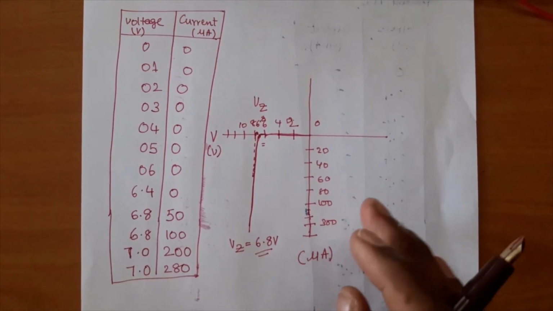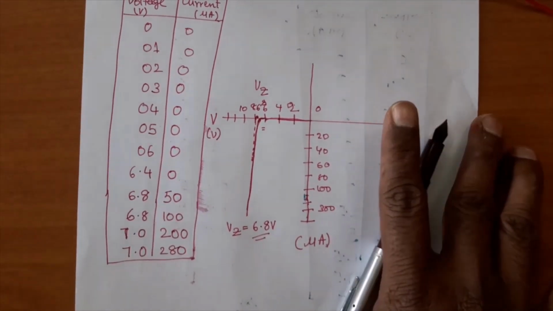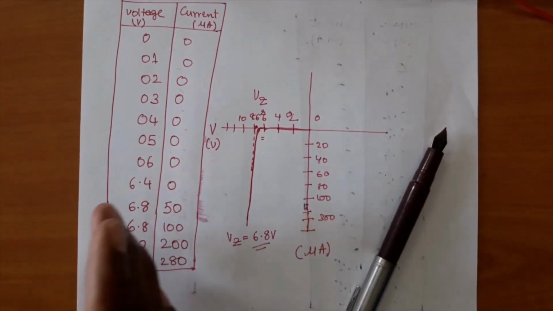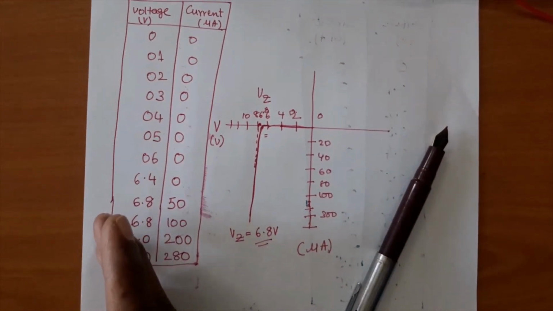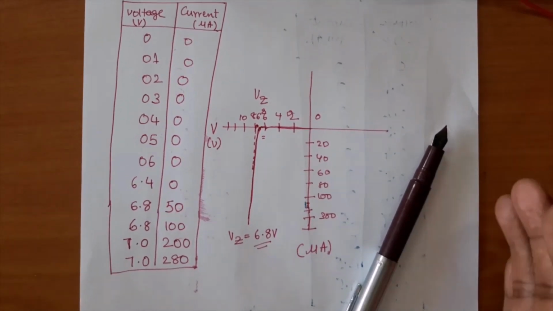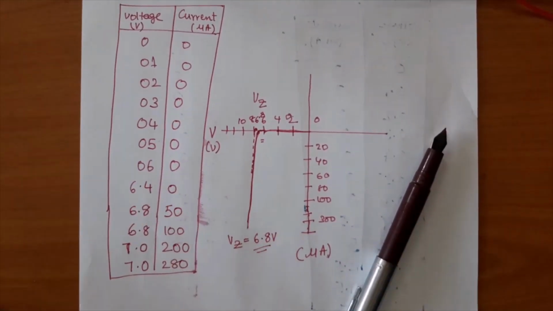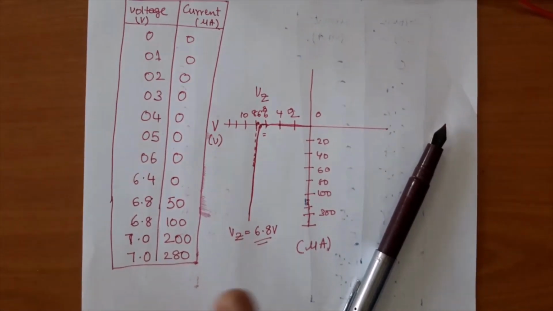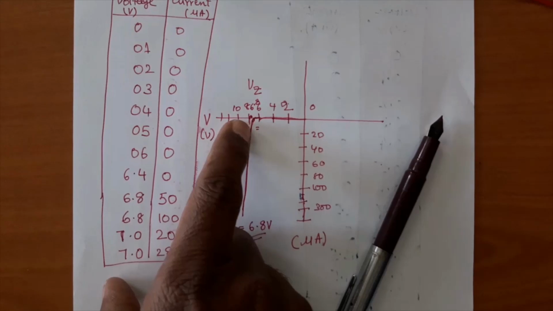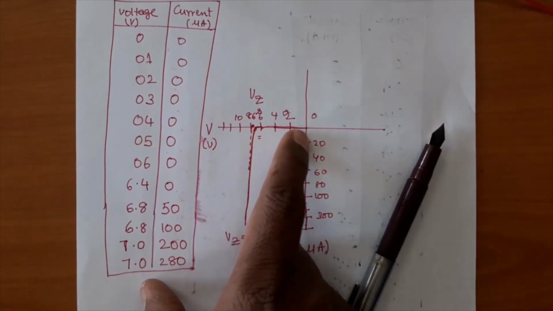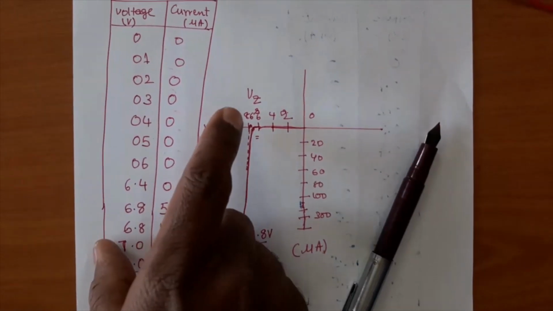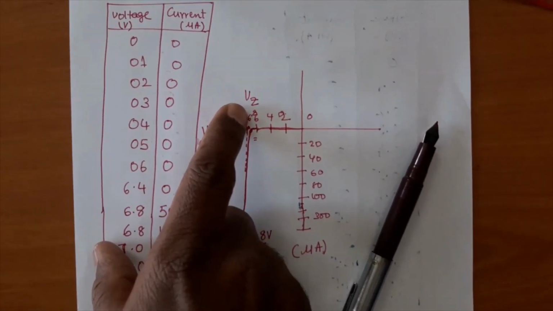Thereby, you should remember two important differences between an ordinary junction diode and a Zener diode. One is the doping level concentration. Zener is a heavily doped diode, and a Zener diode has a breakdown voltage below which there is no current, above which current increases sharply but voltage remains constant.